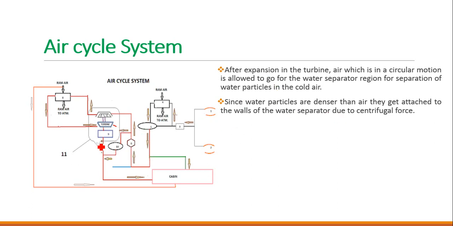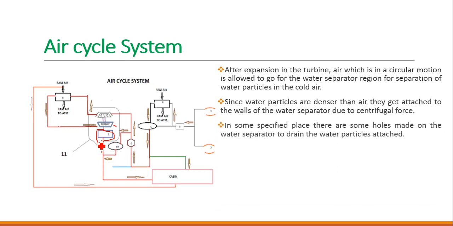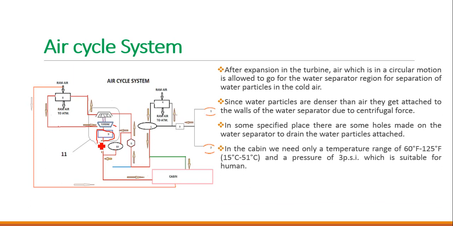So here we have a water separator. This water separator will separate the water. Because of the centrifugal force, the water gets collected at the walls of the water separator, and in the water separator there are some holes, and through the holes the water particles will get drained from the water separator unit.